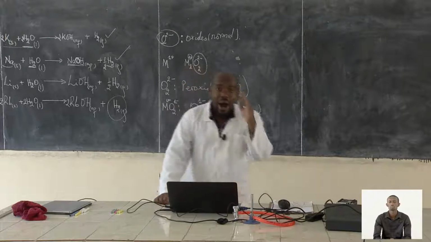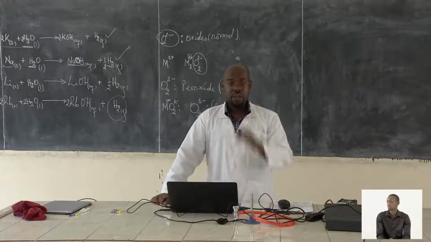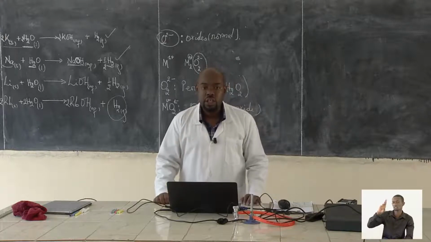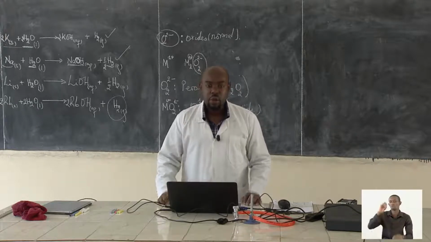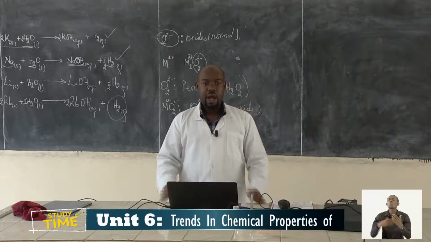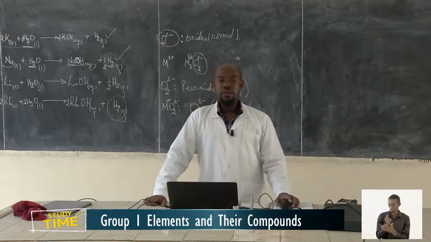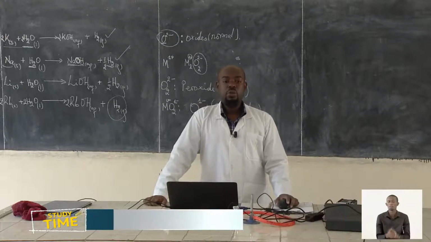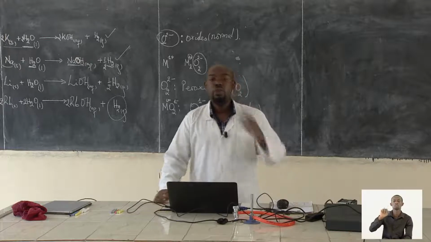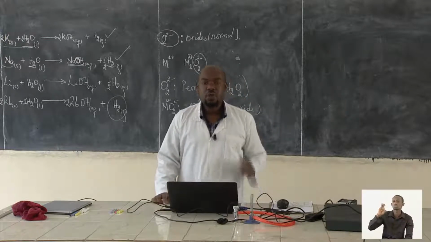Whether a metal will form an oxide, a normal oxide, a peroxide, or a superoxide will all depend on the size. And because of that, if, for example, you make sodium react with oxygen, you produce 2 types of oxides.